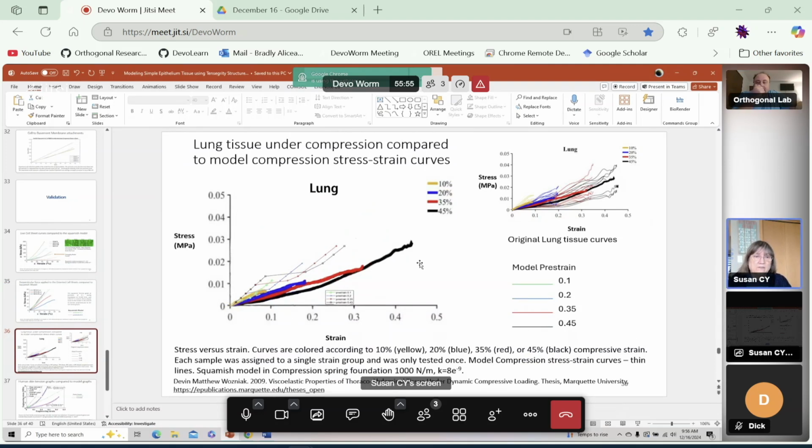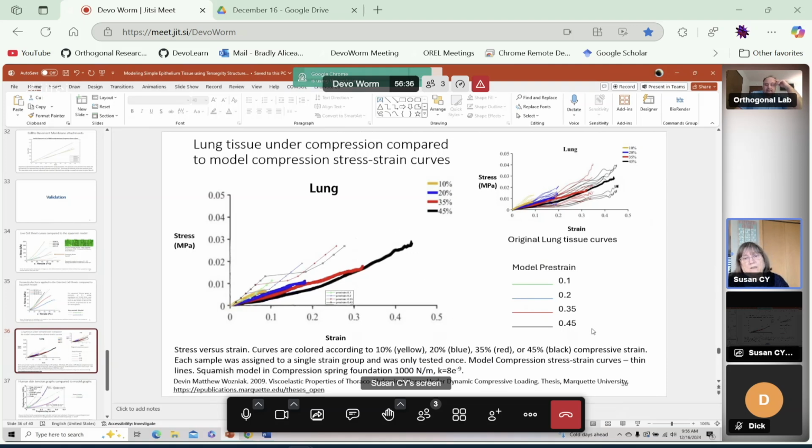Like I said, there's this inverse where the large pre-strain is the bottom curve. Normally it would be the top, and I could get my model to do that only in a few instances. So this is a very particular law. It's 8 times e to the minus 9, with a spring foundation k value of 1,000 newtons per meter in compression.